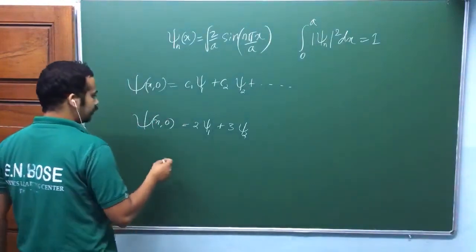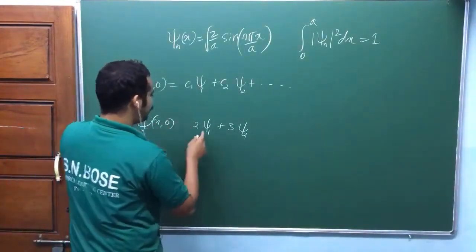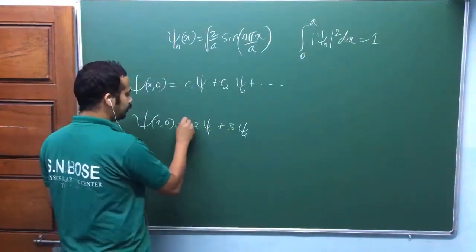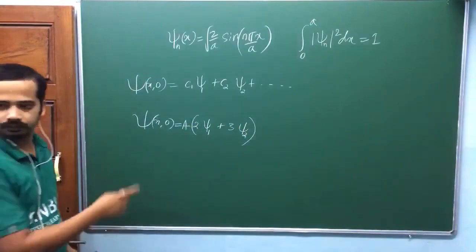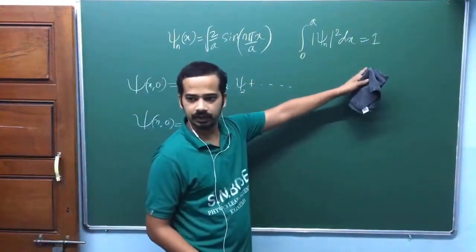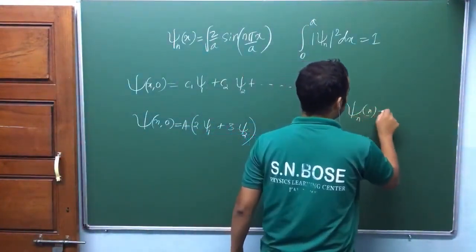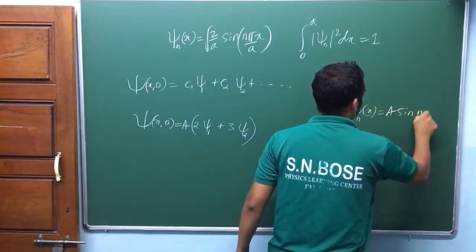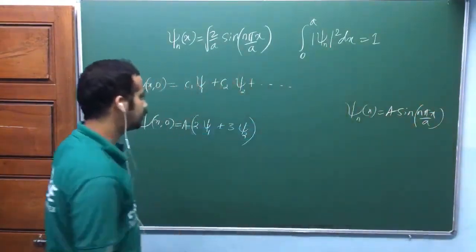So that's why, if you end up with this situation, you put a constant and find that multiplicative constant which normalizes this one. Just like we did in case of any function, am I right? We had our solution psi n of x equal to a sine n pi x by a. Then we found that a so that this condition is satisfied.